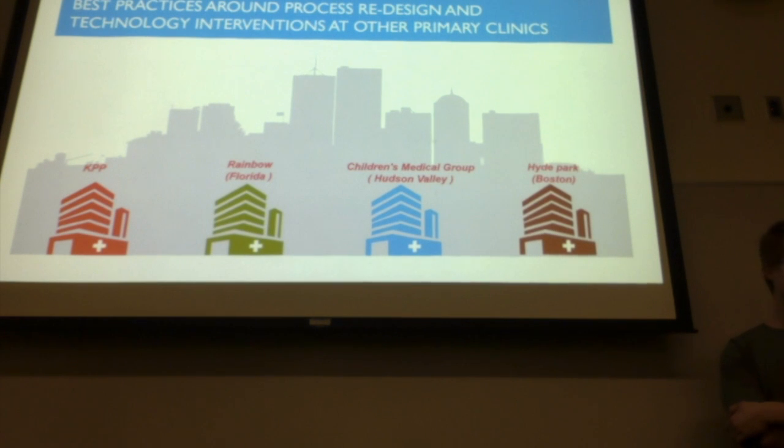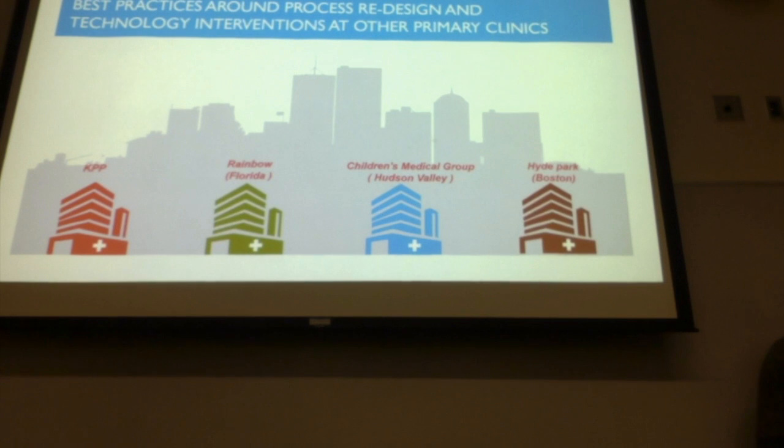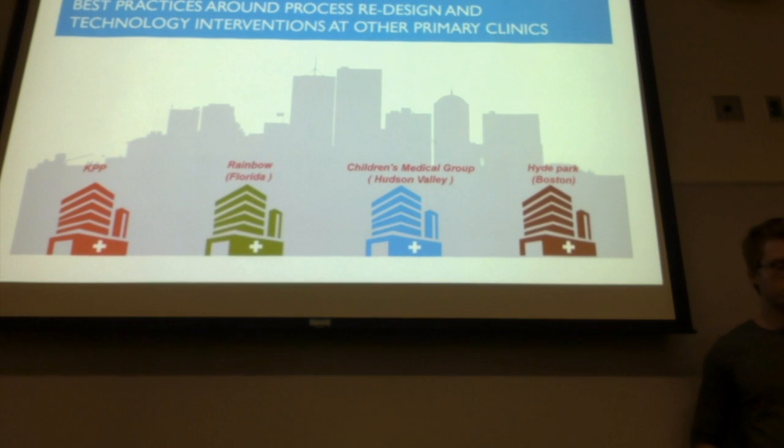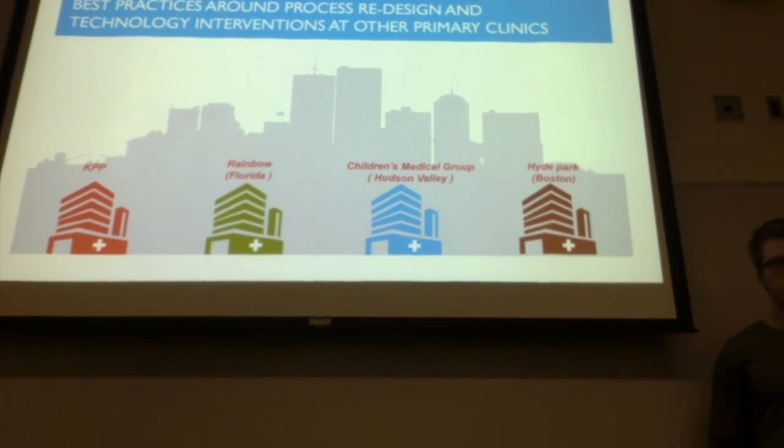We compared your practices to Rainbow Pediatric Clinics in Jacksonville, Florida, Children's Medical Group in Hudson Valley, New York, and Hyde Park, which is an NCQA accredited and highly rated primary care chain in Boston. Even as a part of your presentation packet, you will find an Excel sheet which combines all of the recommendations that we've had. The idea behind this is to validate all of the recommendations we had for you, because they have already been put into practice by certain other primary care clinics.